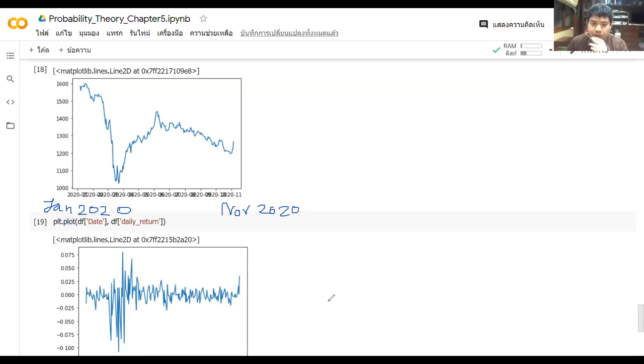You could see that in the third month, the SET index plunged significantly, and slightly increased, but not yet at the level of January. It dropped significantly, but it increased, but it dropped, but it increased.